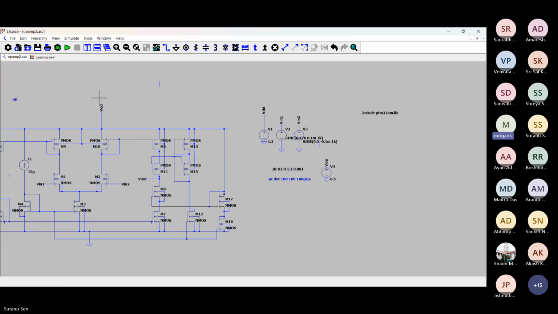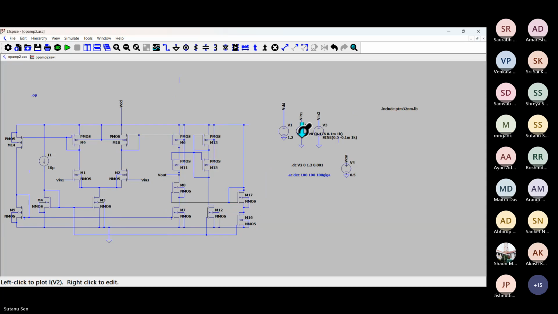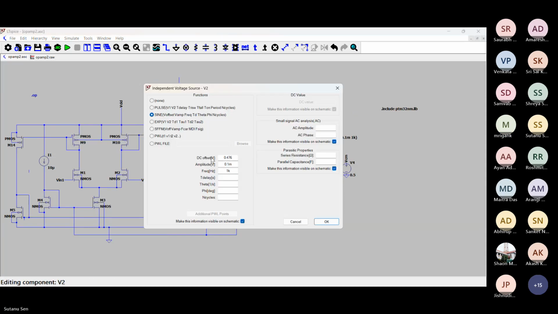What did you set up? Just show me the value again. Okay.